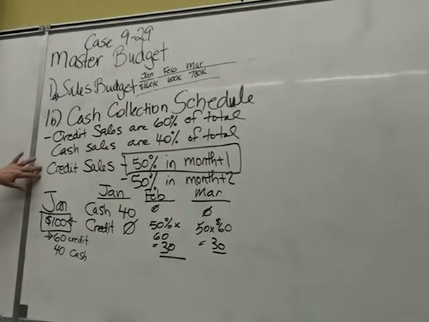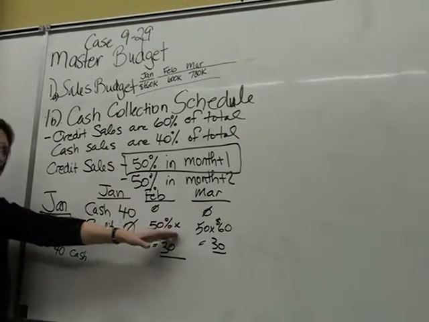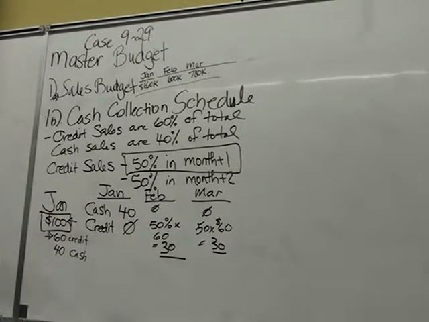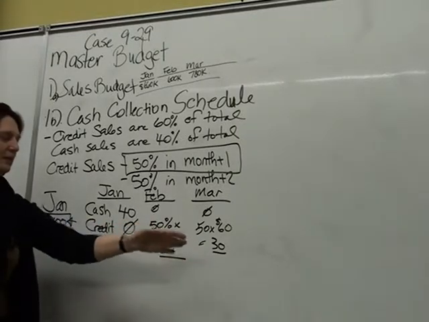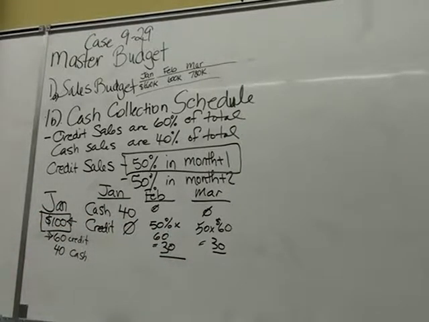So when they say in the month following, they mean the next month, and in the second month following, they mean this month. So on the exam, does that make sense?